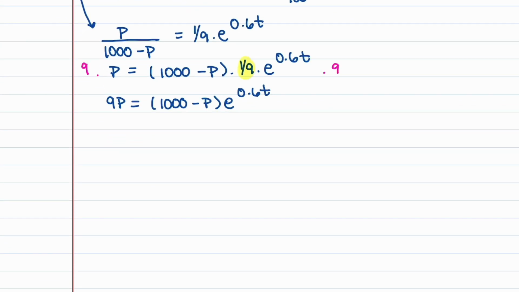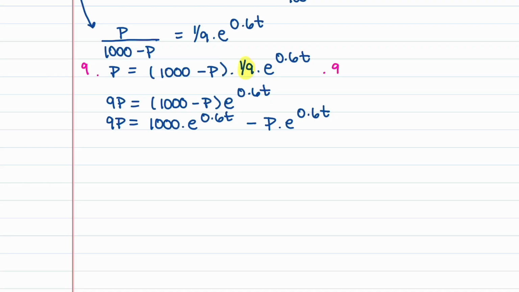Now we're going to multiply through on our right side. This gives us 1,000 times e to the 0.6t minus P times e to the 0.6t. Hang with me, we're almost done. Let's pull the P on the right to the left.